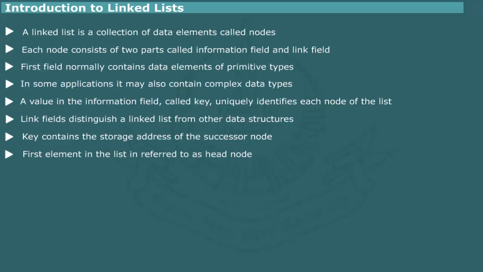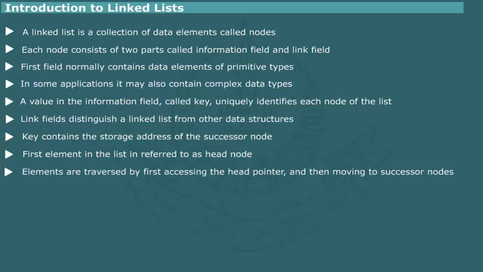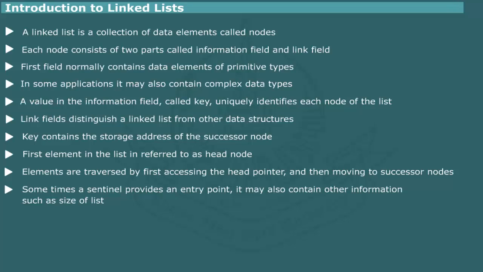The first data element in the list is referred to as front node or head node. A special pointer called head identifies the front node. The elements of list are normally traversed by first accessing the head pointer and then moving across the list. Sometimes a special node called sentinel is also used, which provides an entry point to the list.